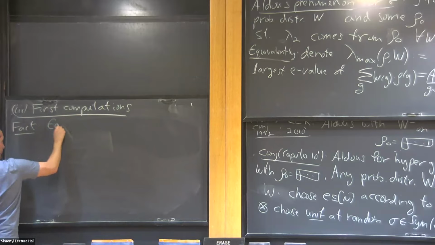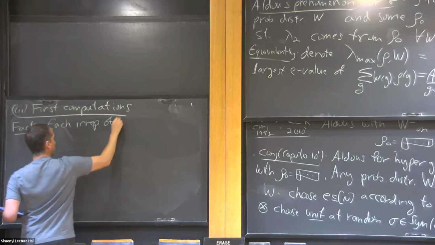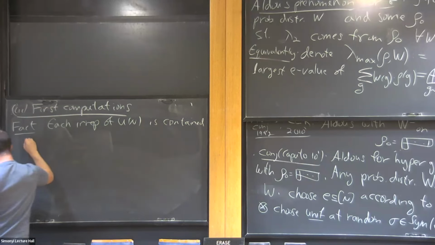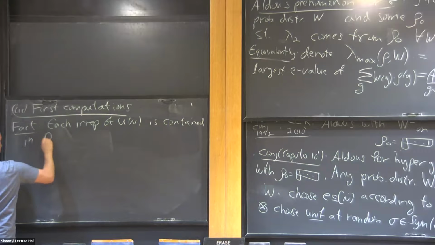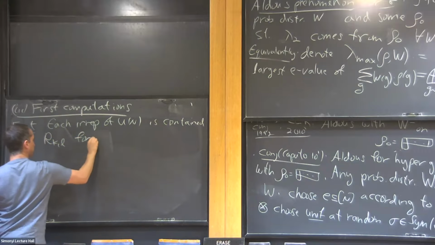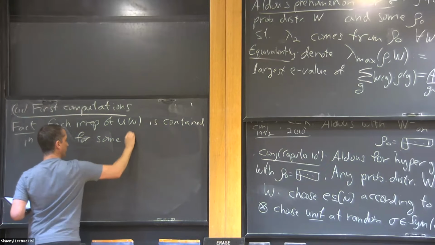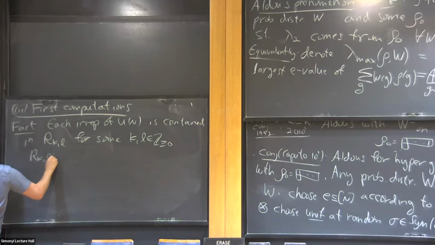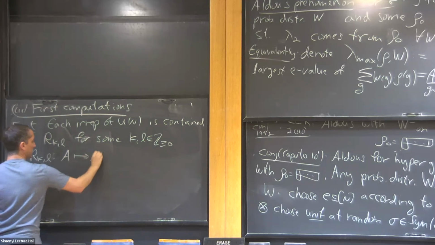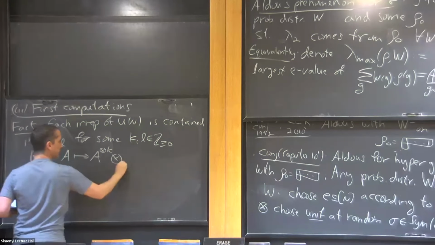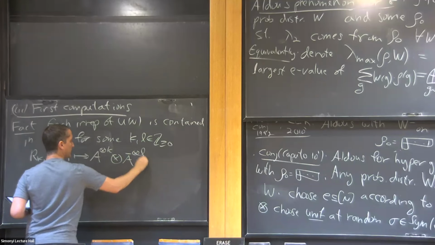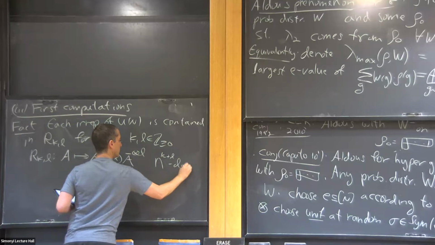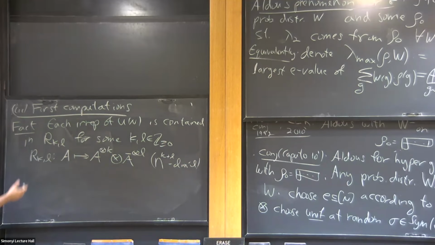Each irreducible representation is contained in R_{K,L} for some K and L. R_{K,L} is the representation that takes a unitary matrix to the tensor power K, tensored with the conjugate tensor power L. By the way, the dimension is n to the K plus L. So each one of them is contained in one of those.